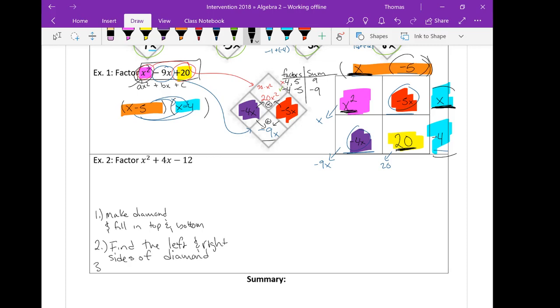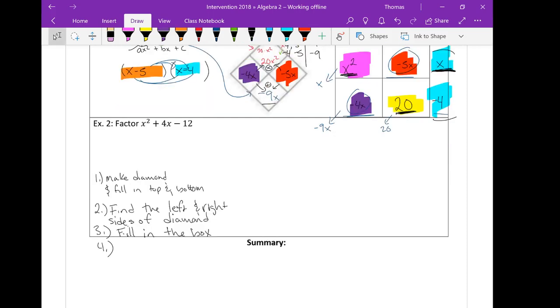Step 3, fill in the box. And step 4, we want to fill in the factors.